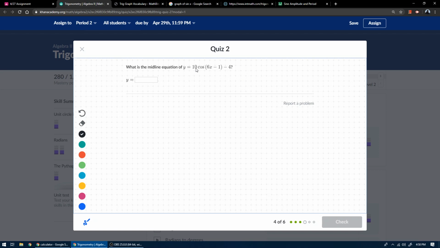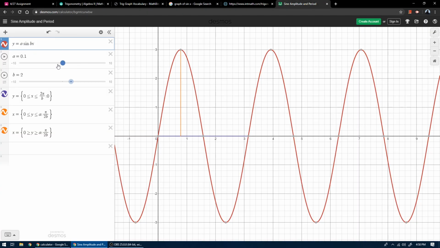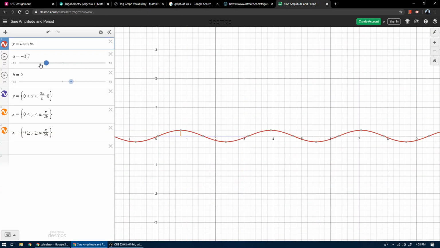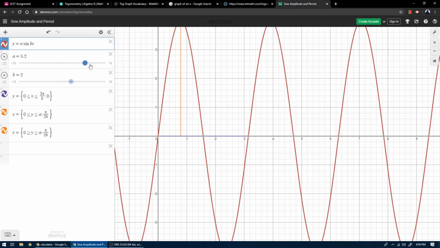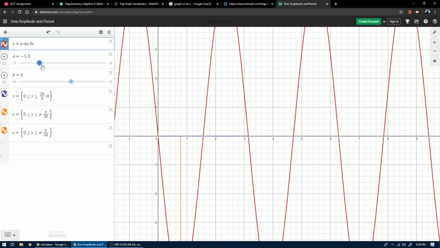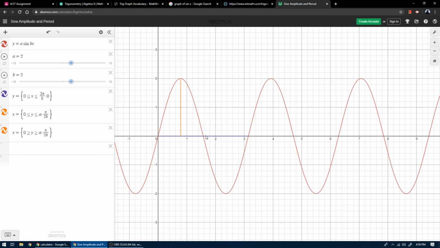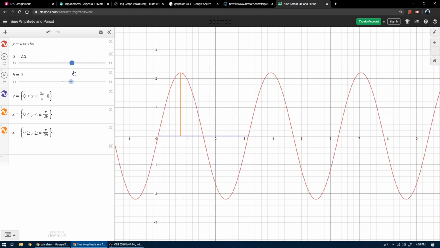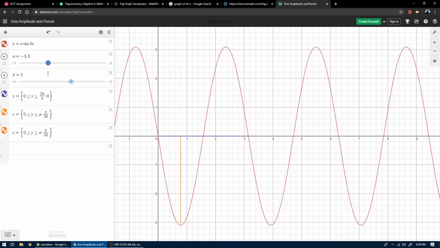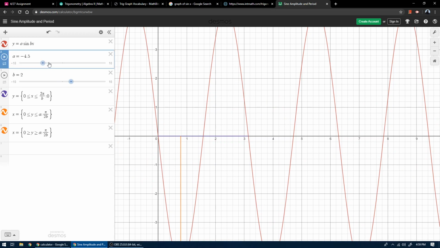So, do I care about this number? What's this number? The amplitude, right? Do I care about amplitude? Well, no, not really, because look, if I change the amplitude, does the midline change? No, the center is still right here. So even if I change it, the center is still the middle. That doesn't matter. What about the period? Does it matter if I change the period?